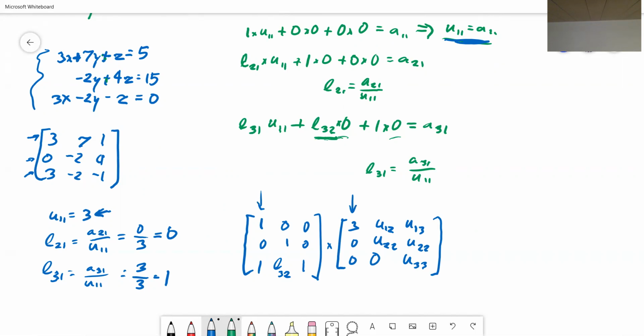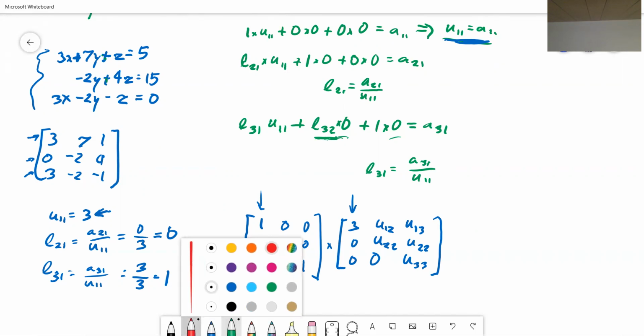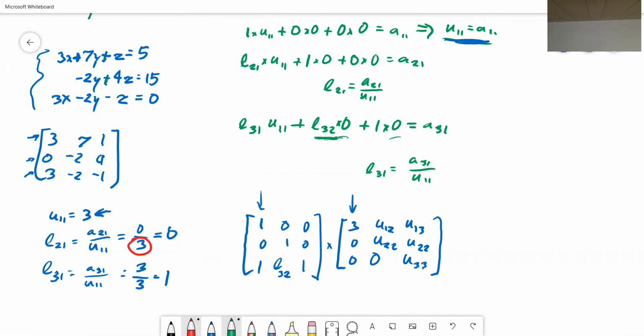Now, a very important issue here. What happens if this guy, so basically U1, and U1 means A11, what happens if that guy is 0? If that guy is 0, then our algorithm will blow up and it will give us an error.